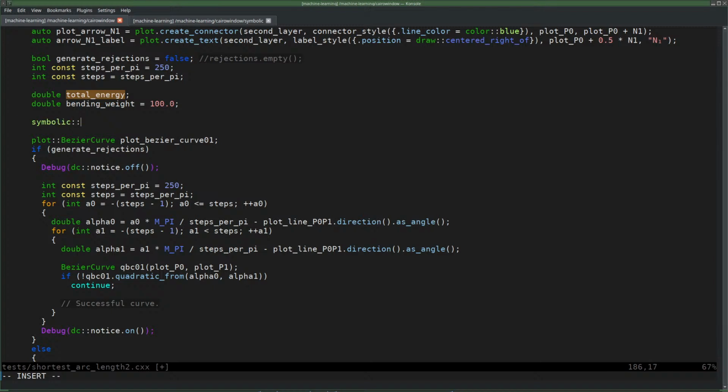Symbolic constant reference bending weight. I'll just take something, is constant, realize 100.